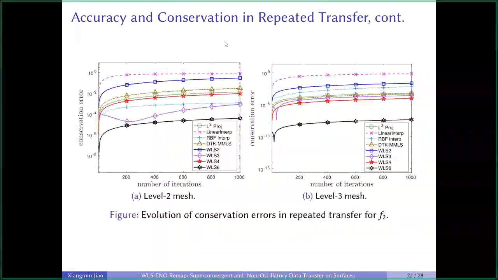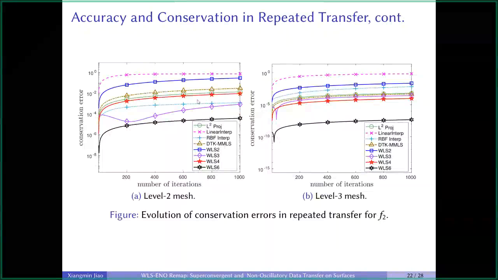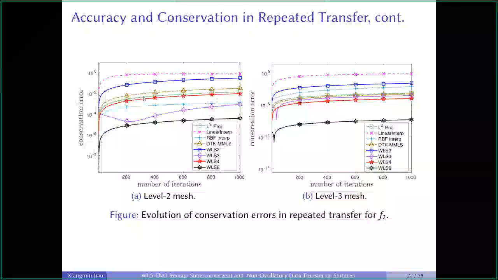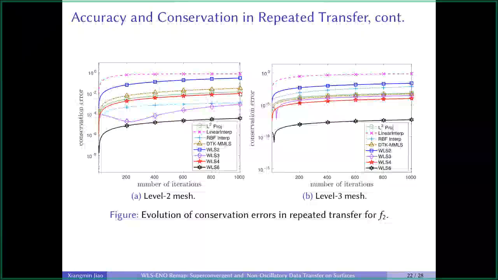So this compares the conservation error as well as dissipation. Here, we can look at L2 projection, which is conservative in 2D, except on surfaces there are some geometric errors. And when we use weighted least squares 3 or 4, it beats the conservation of L2 projection.